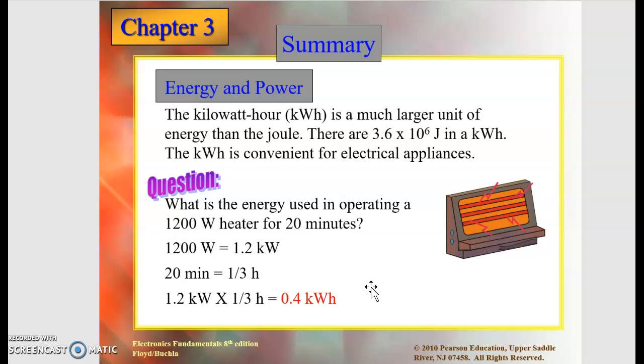And then you have to take the minutes, since the time is given in minutes, to hours. So you have to say 20 minutes to an hour: 60 minutes in 1 hour gives 1/3 of an hour. Then you just multiply them, and that will give you the rating for that heater. So you'll use 0.4 kilowatt hour.